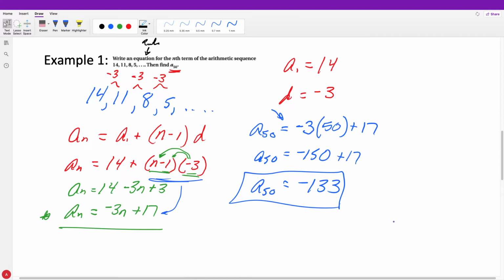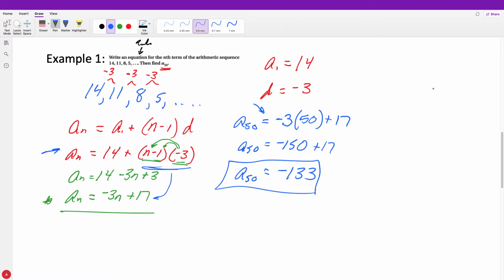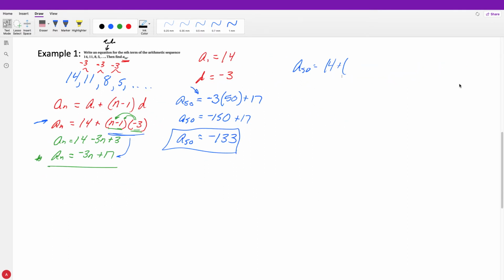And just to show you that this does work, if we plug it back into the original rule, we have a sub 50 is equal to 14 plus 50 minus 1 times -3. So a sub 50 is equal to 14 plus 49 times -3.